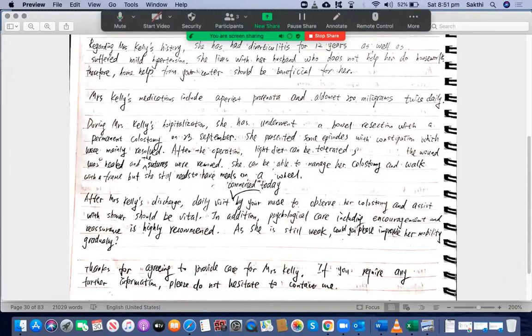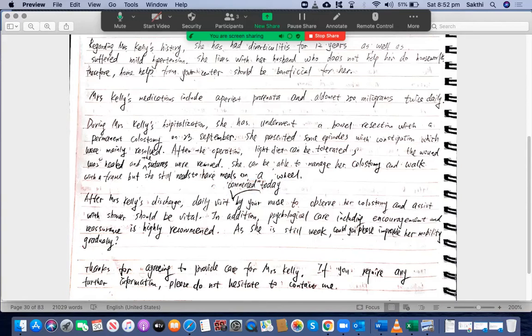Okay. Let's go to the next one. Her colostomy and walk with a frame, but she still needs to have meals on a wheel. Was it commenced today? Oh, that's a different paragraph, next one.